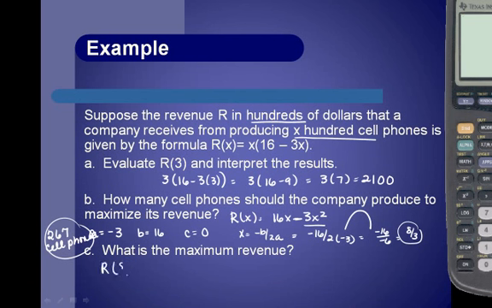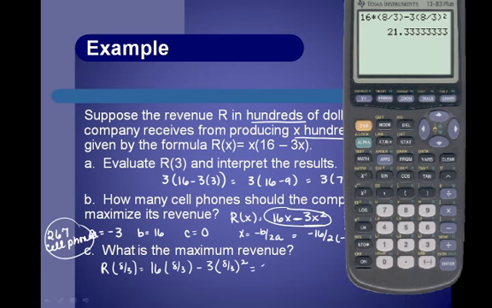So the revenue for X equals 8/3 is, going back to our revenue formula, 16 times 8/3 minus 3 times 8/3 squared, which gives us 21.33 for our revenue.